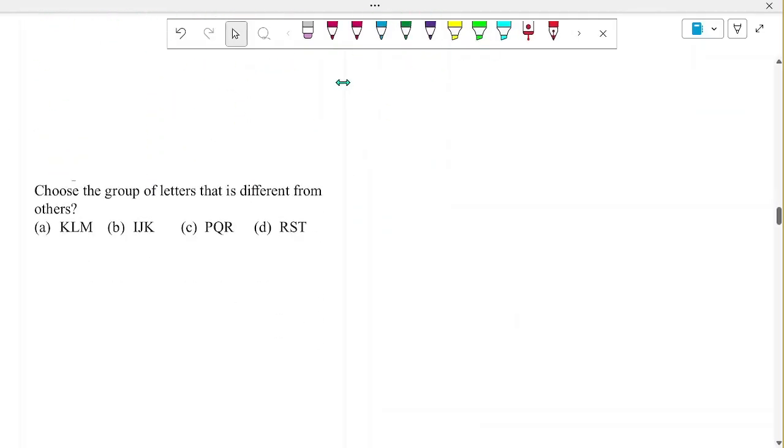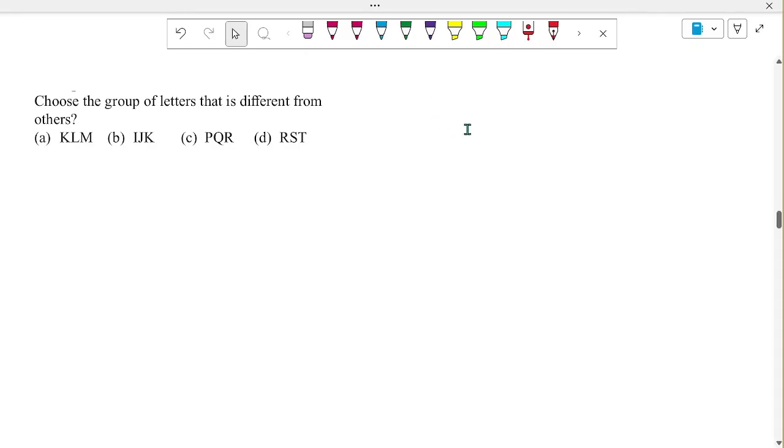Fine. We'll go to the next question. Now try to solve this one. Okay, the answer of this question they have given as B. I'll tell you why they have given B. It is KLM, IJK, PQR, RST.